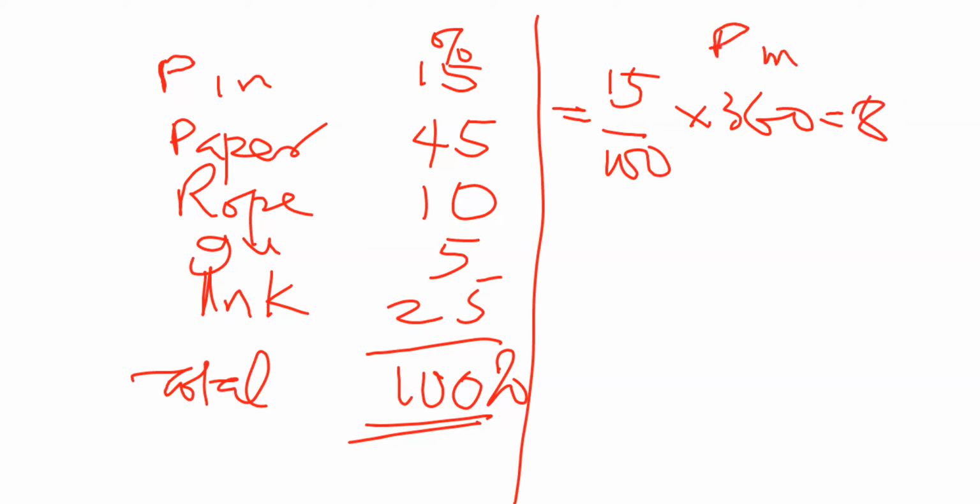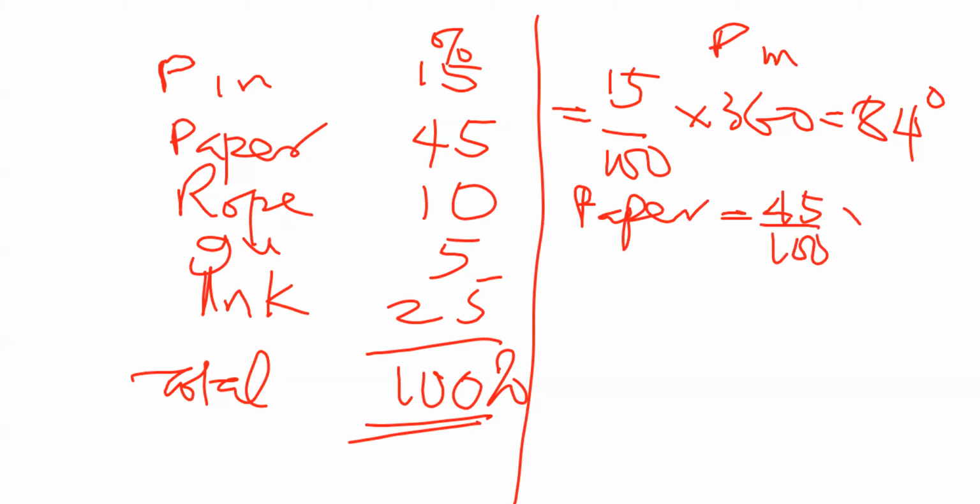I think the first one is 54 degrees, not 84. Yes, it was 54. Then we'll talk about paper. Paper is 45% times 360 degrees, which is 162 degrees.